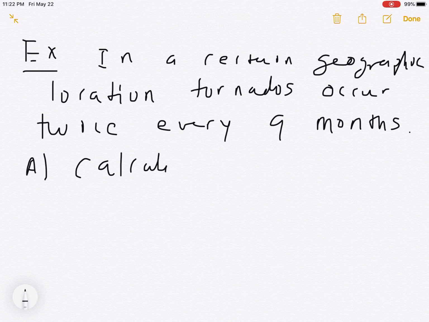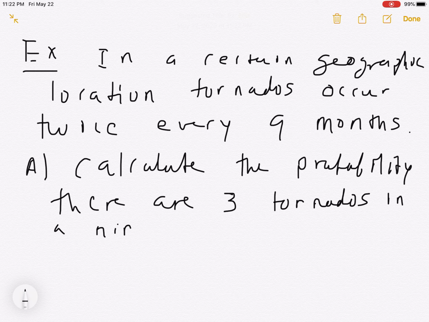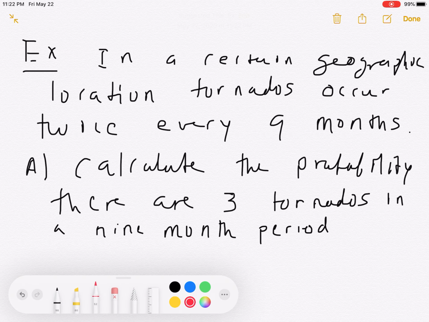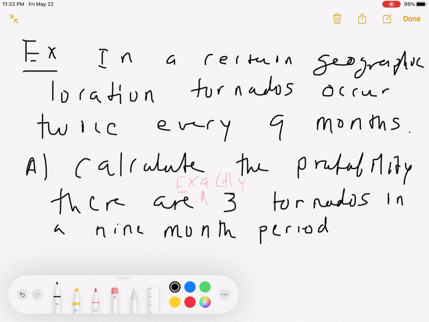Calculate the probability there are exactly 3 tornadoes in a 9-month period.